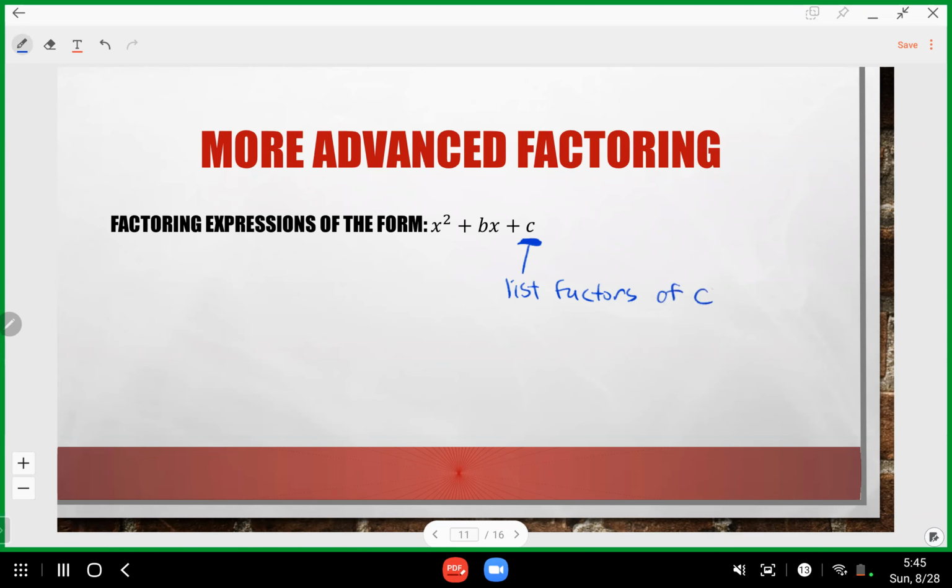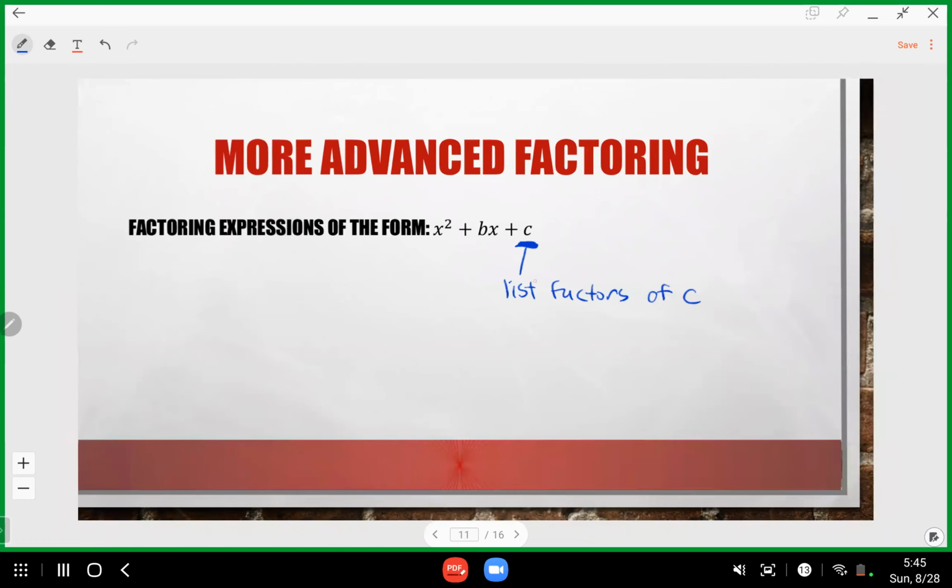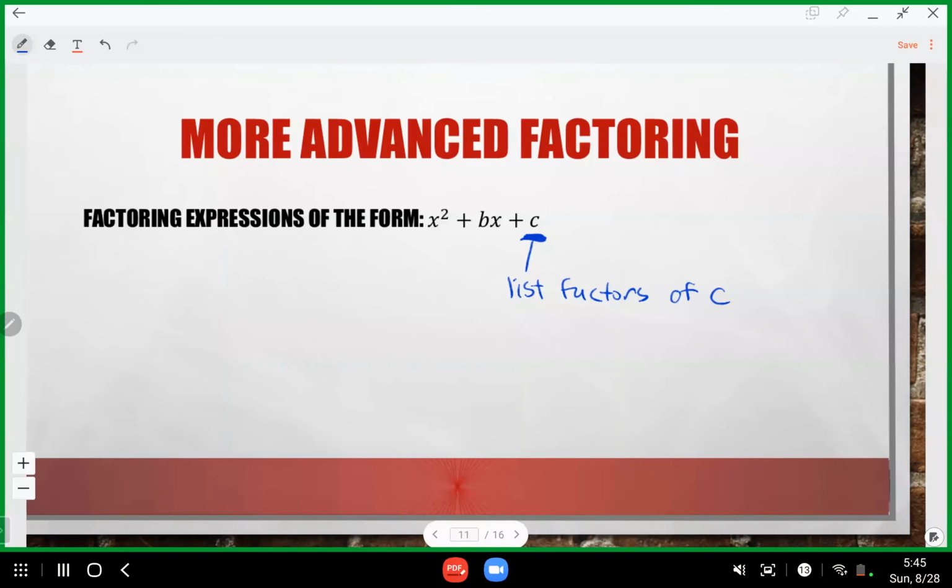Once you list factors of c, choose two that add up to b.